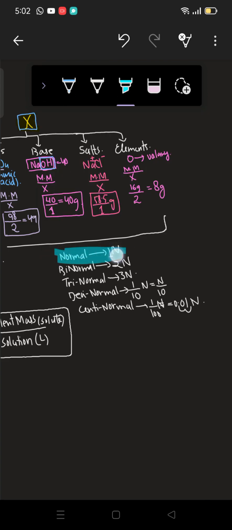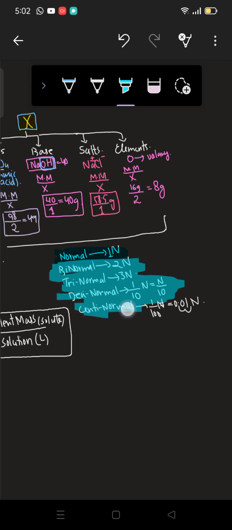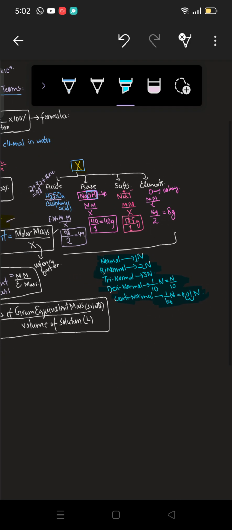So if you have a normal solution, that is 1N, binormal, normality is 2, trinormal, normality is 3, decinormal, normality is 1 by 10 or 0.1, centinormal, normality is 1 by 100 or 0.01 normal.